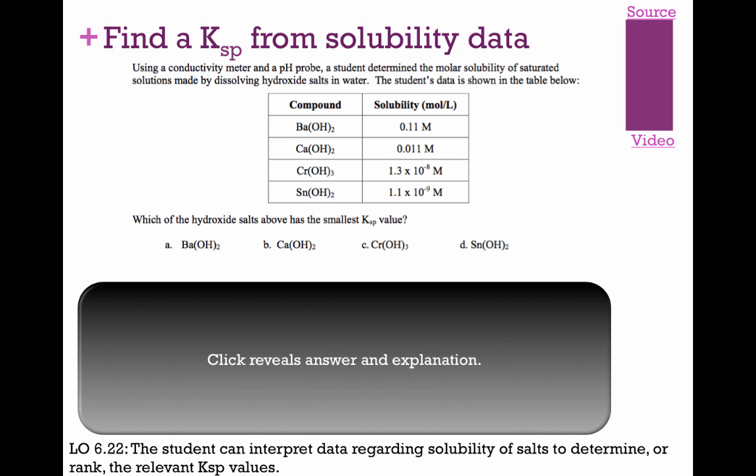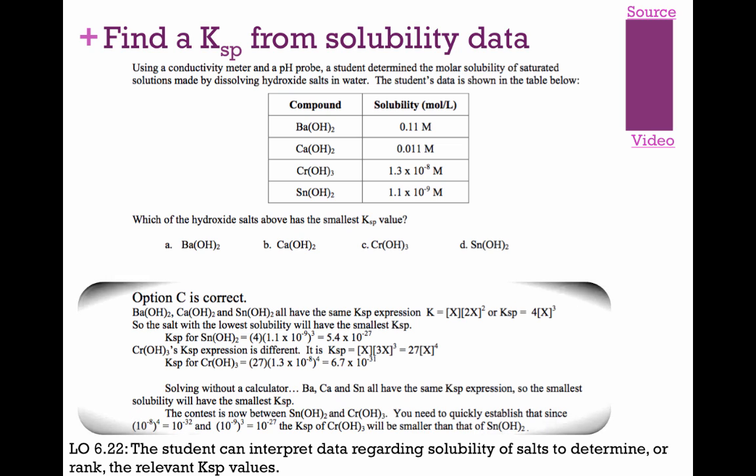Then you would work through and figure out which one of these Ksps is actually the smallest. And when you solve, you find that the chromium hydroxide one is the least amount. If you solve without a calculator, Ba, Ca, and Sn all have the same Ksp expression, and then it's between tin and chromium.